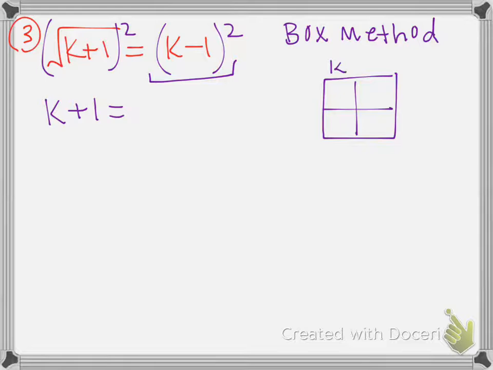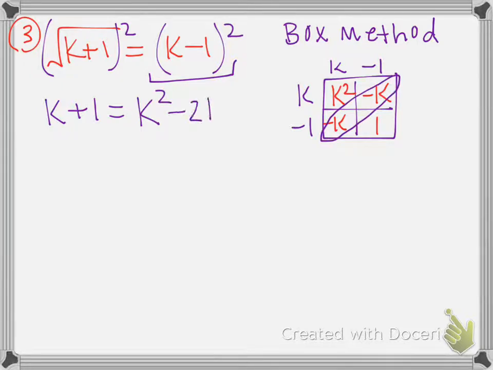You have a k minus 1 and a k minus 1. So this is k squared, this is negative k, and a positive 1. So this now is k squared. A negative k and a negative k on the diagonal makes negative 2k, and then plus 1.